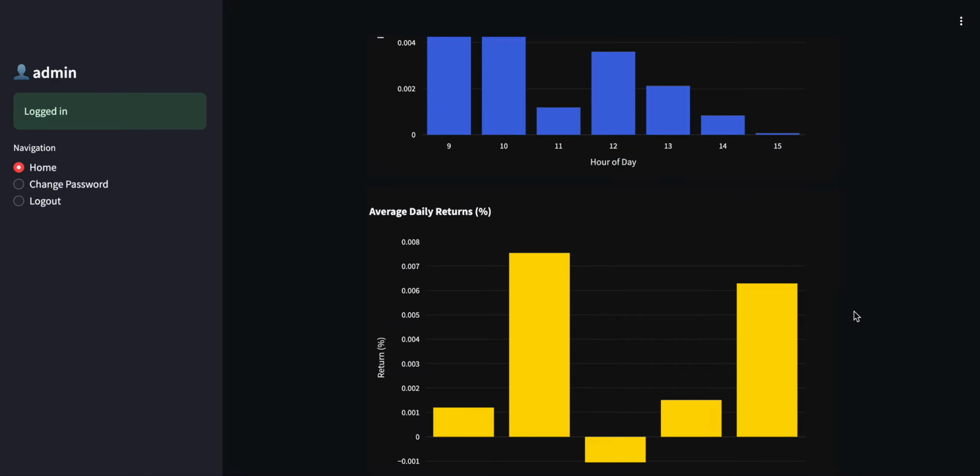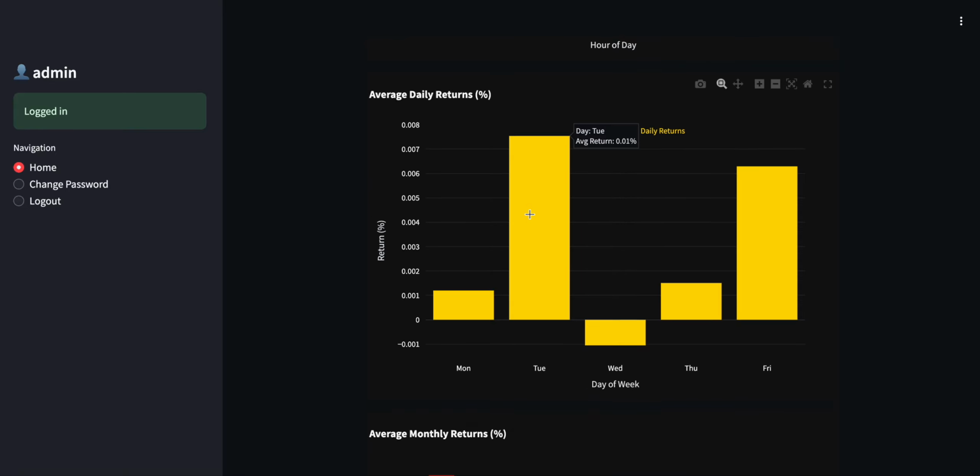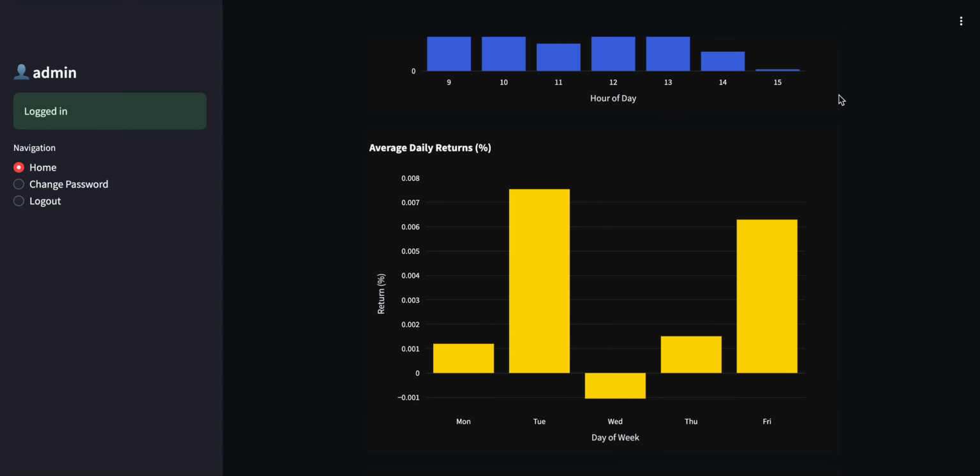If we run this strategy, we have to make sure it is between 9 and 10, or before 1 or 2 o'clock, on Mondays, Tuesdays, Thursdays and Fridays, and we will make profitable trades. We will avoid Wednesday, and we will always avoid 3 o'clock. Even if you get the signal or indication, we will not trade.